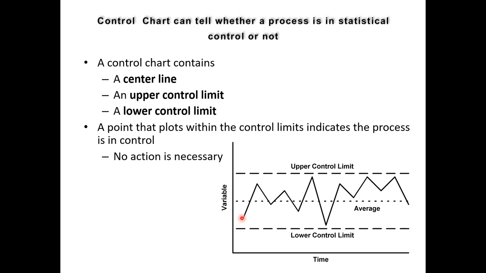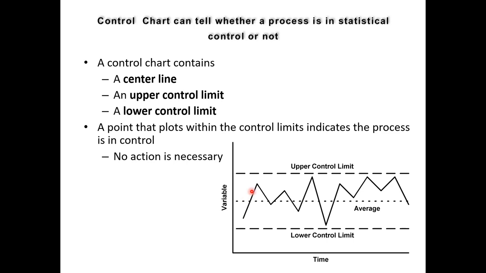For example, at this particular point of time, your quality reading is at this level, within the lower and upper control limit. Yeah, it's within these two limits. So at this particular point of time, you say that the process is in control.